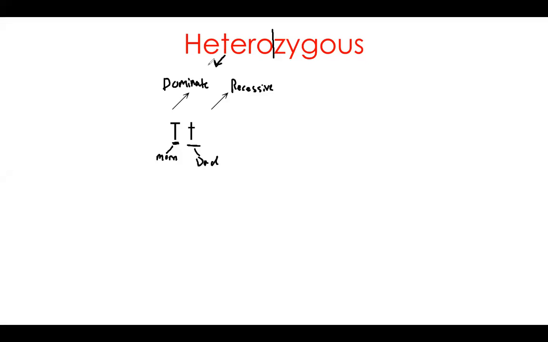And the word hetero means the opposite of same. It means different. Heterozygous means different. The word hetero literally means different. So this organism would be called heterozygous.